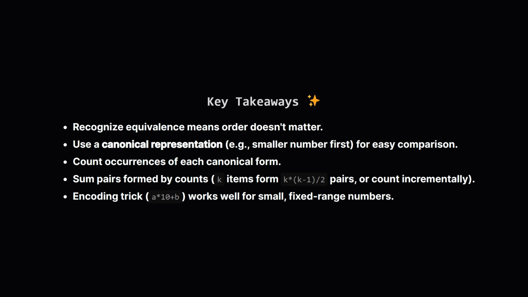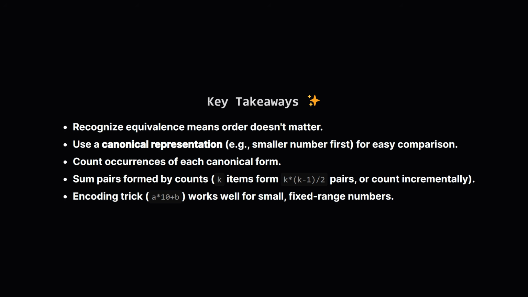Alright, let's quickly recap the main points. The core idea was to handle the equivalent if flipped rule by creating a standard or canonical form for each domino, like always putting the smaller number first. Once we did that, we just needed to count how many times each standard form appeared. We saw a clever way to count the pairs incrementally as we process the list, or alternatively, using the formula k times k-1 divided by 2 after getting all the counts.